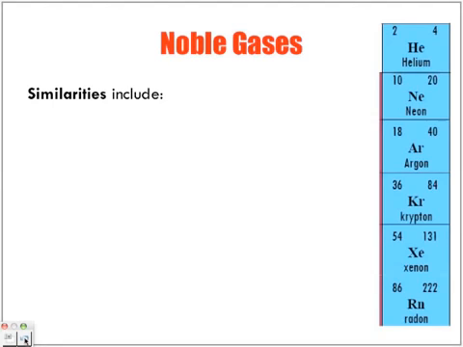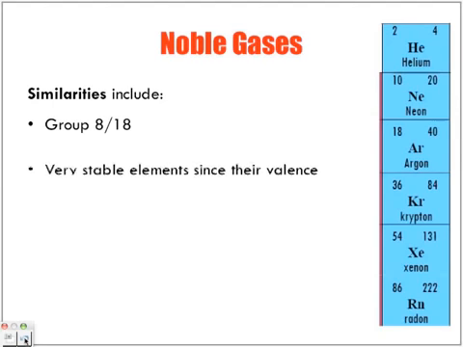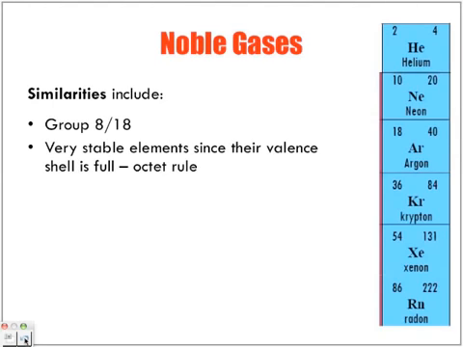And finally, the noble gases. Similarities include the fact that they're in group 8 or 18. They're very stable elements since their valence shell is full, and we refer to this as the octet rule. I'm introducing the term, but we will talk more about it in the upcoming chapters. If we break down the term octet, think of 8.